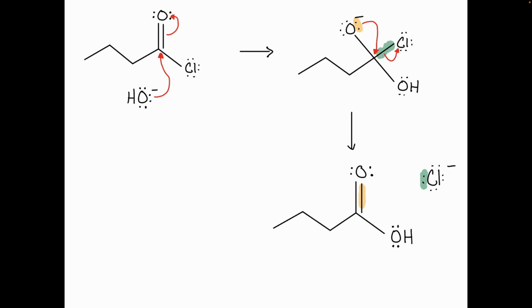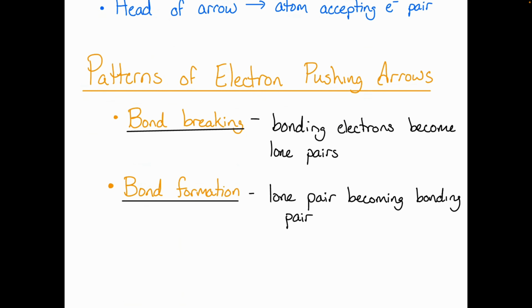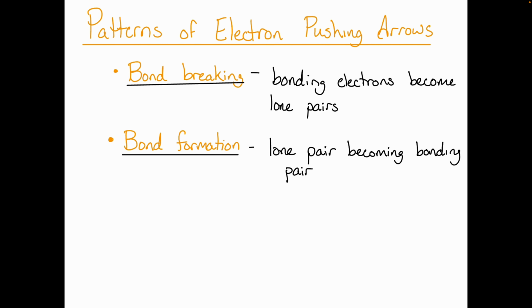Cool. All right, so we said that there were patterns of our electron pushing arrows, bond breaking, and bond formation. I told you there was going to be one more that we add here. This is when we do a bond breaking and formation all in one shot.